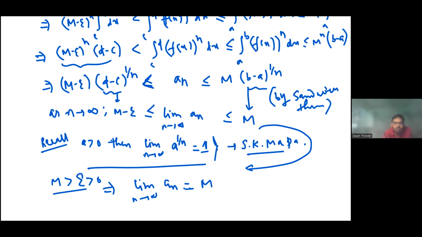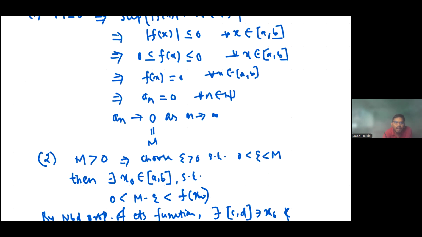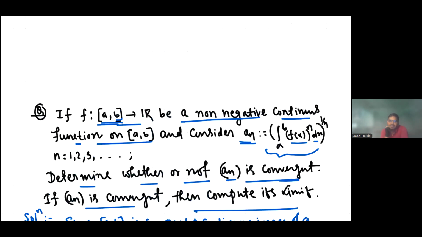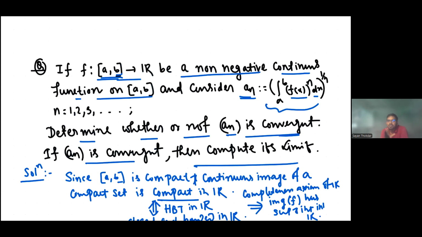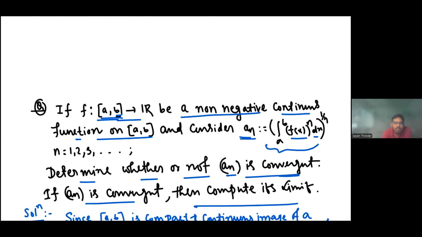So this is our problem, and let me tell you one more thing: this question was asked in CMI 2019, question number 14, and it was also asked in NBHM 2024, question number 17.